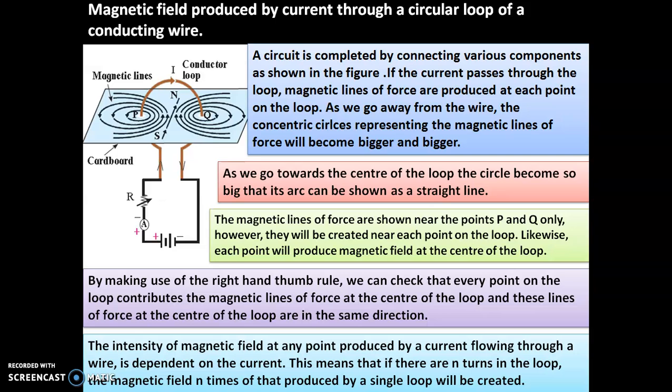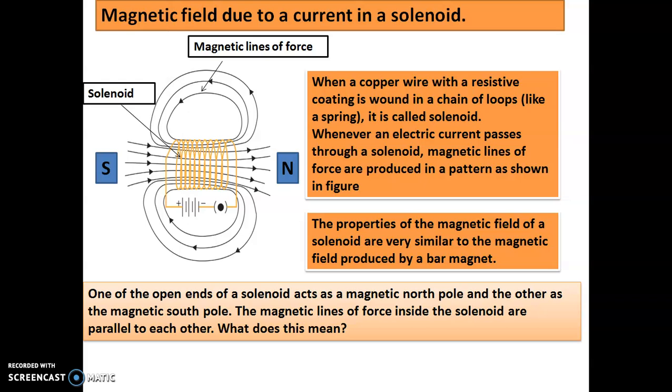If we use a single loop, the intensity of the magnetic field will be less. If we use n turns of wire, the magnetic field will also increase n times.